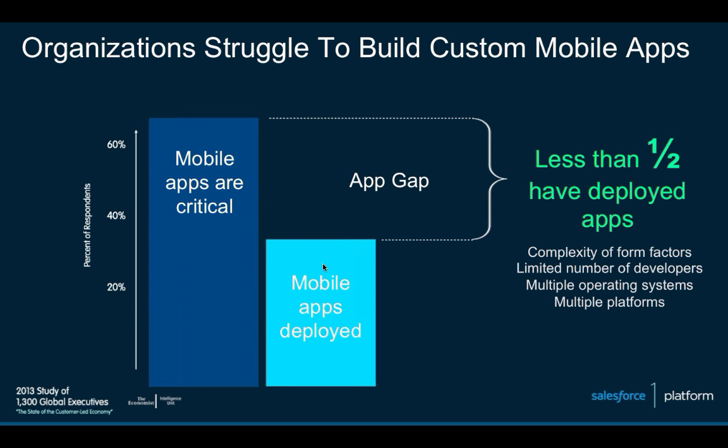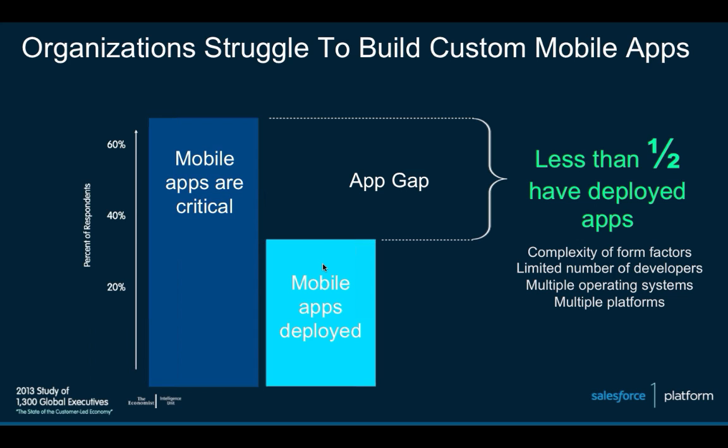Well, before I get to App Builder specifically, a lot of organizations understand that mobile apps are critical, but less than half of them have actually deployed anything. And that's because it's really hard. It's hard to build apps for all the different devices. Bring your own device is a thing, right?